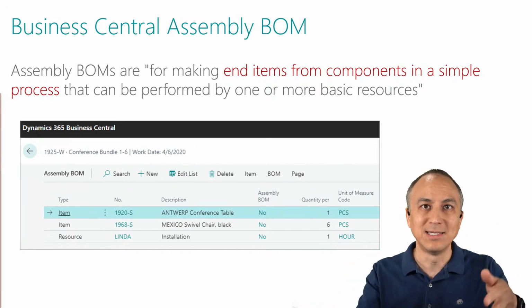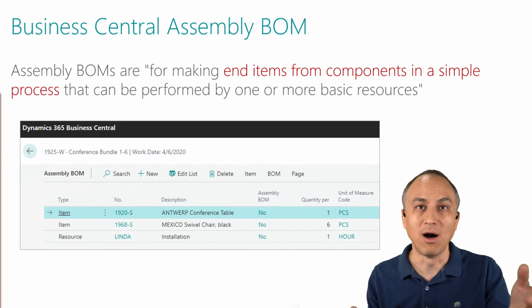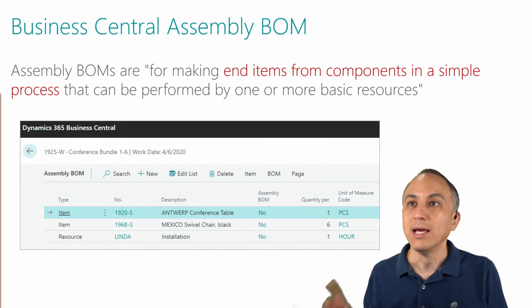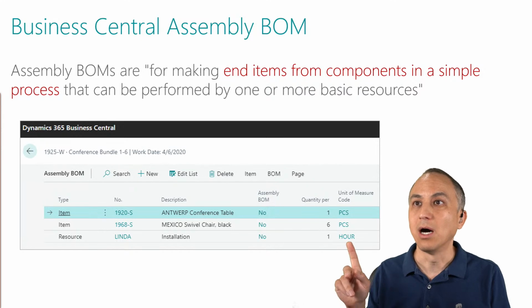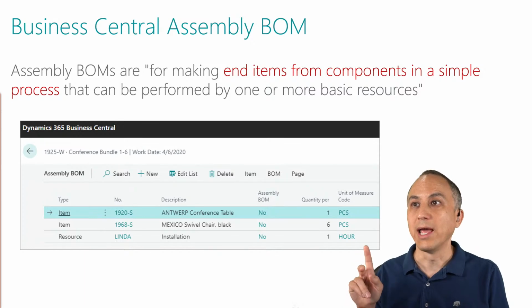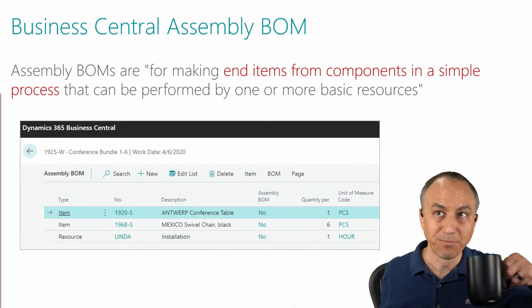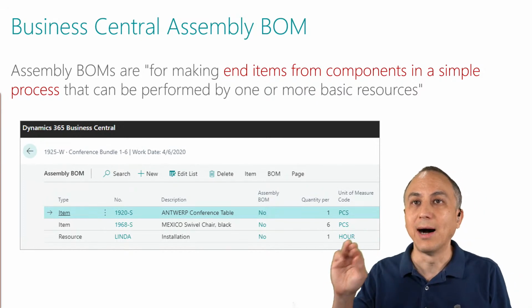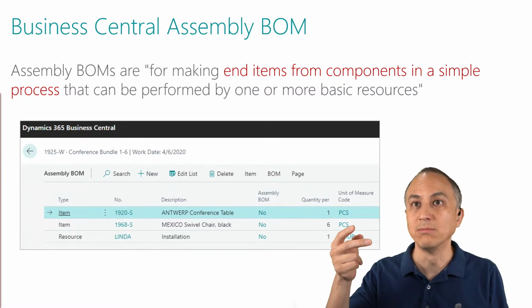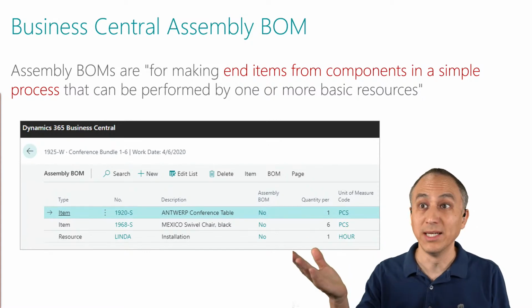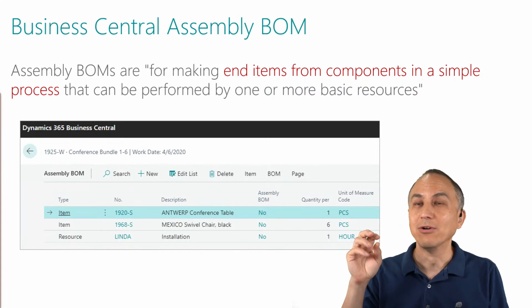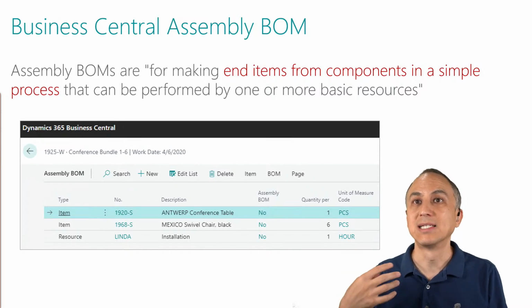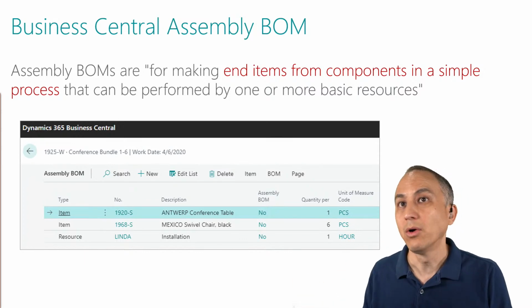Or maybe we have a desk, a chair, a lamp. That's an office setup kit. In this example, we have the conference table, one of those, six swivel chairs, and installation of one hour. Two of those are inventory items. One is a resource named Linda, interestingly. Those three items come together for a conference bundle that is an assembly BOM. Kind of cool.